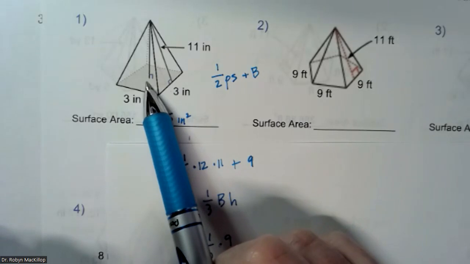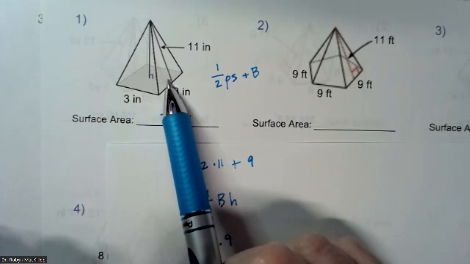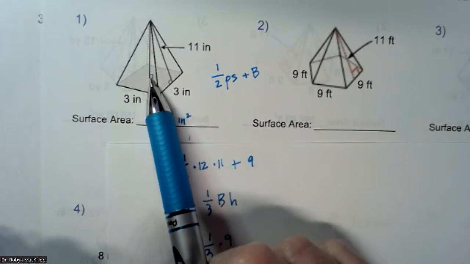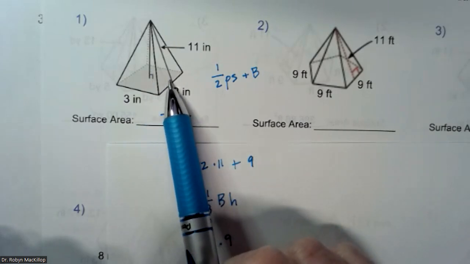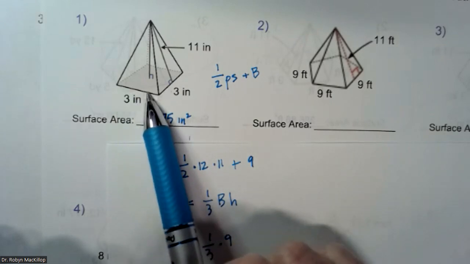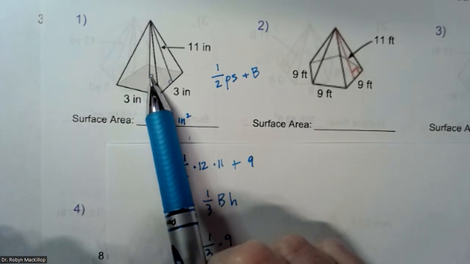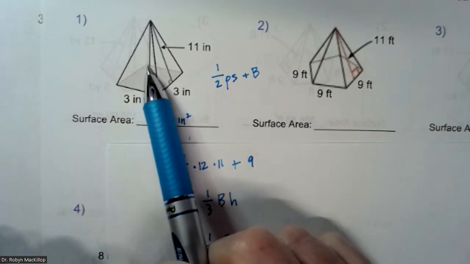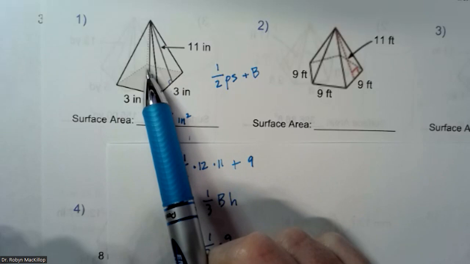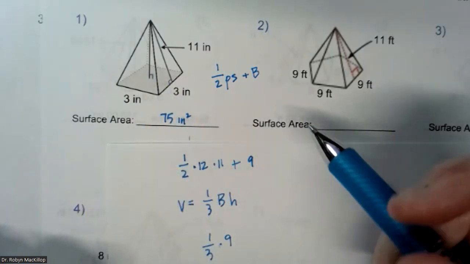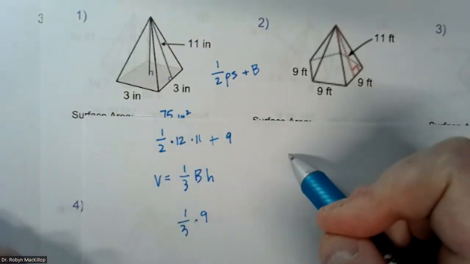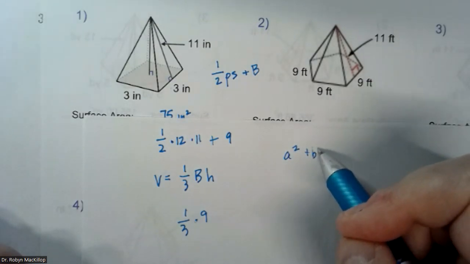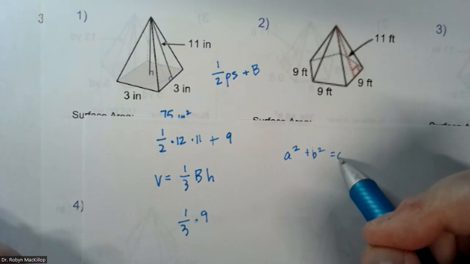So we've got this triangle right here. We know that the long side is 11. The bottom is 1.5, because if this whole side is 3, that triangle that goes to the center is going to be 1.5 on the bottom. We need to find this side. So Pythagorean theorem, a squared plus b squared equals c squared.